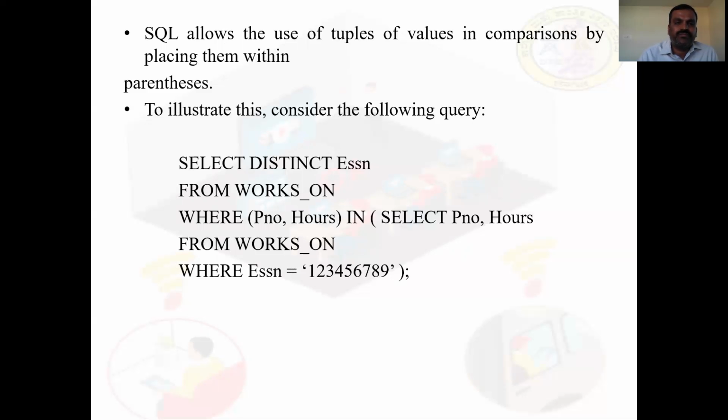Select distinct employee social security number from works_on table where project number, hours in (select project number, hours from works_on where employee social security number equals 1, 2, 3, 4, 5, 6, 7, 8, 9).